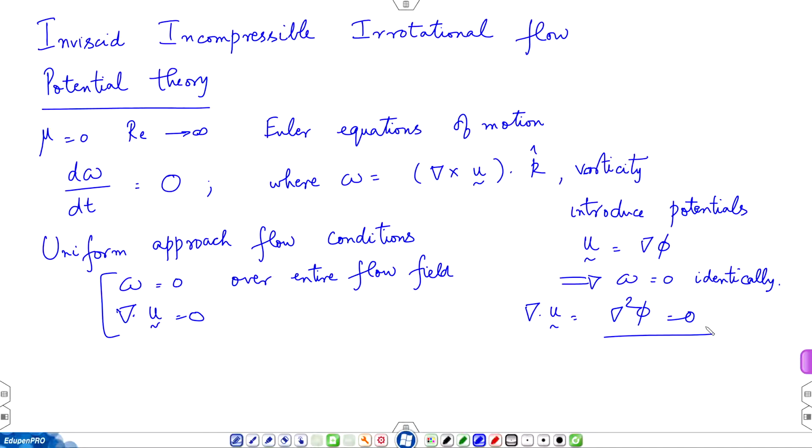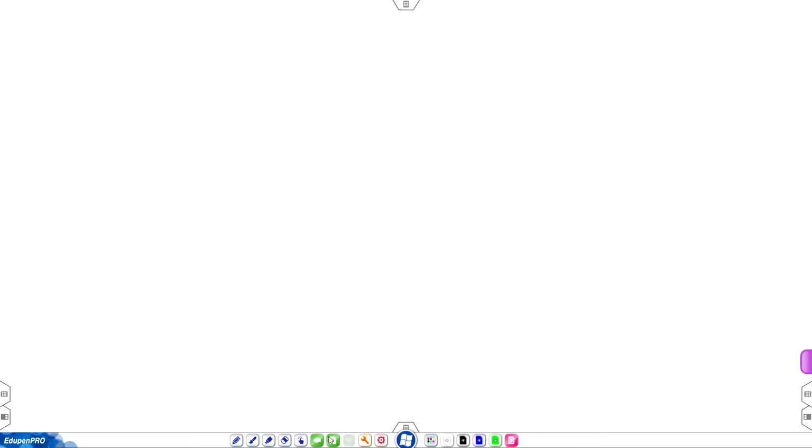So, the outline for solving for a flow field would be: solve del square phi equal to 0 for phi.